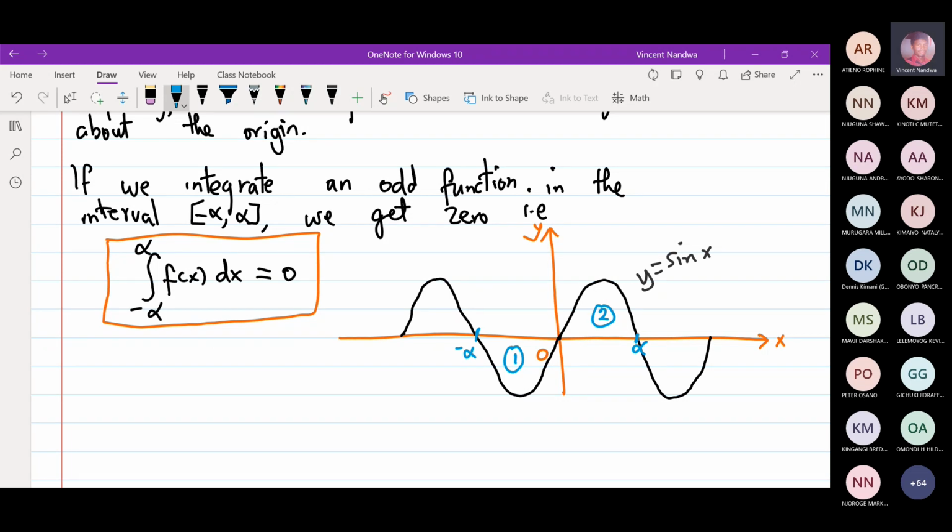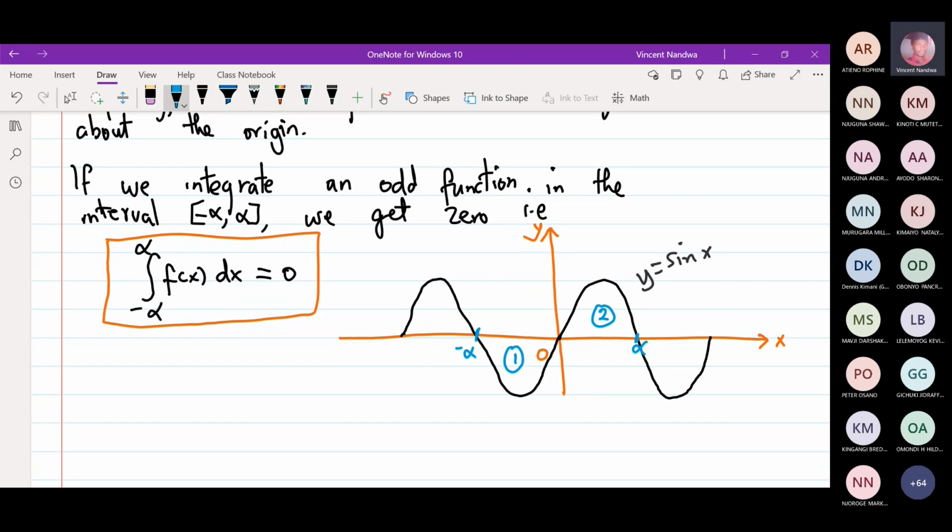So from minus alpha to alpha, I can move from minus alpha to 0, then 0 to alpha. Minus alpha to 0 will give me a negative area, then 0 to alpha will give me a positive area, which is exactly the same as the area from minus alpha to 0. So minus and plus cancel out and we get 0.